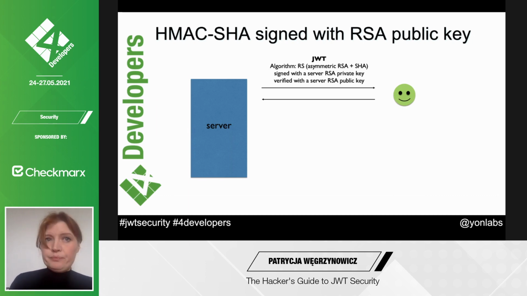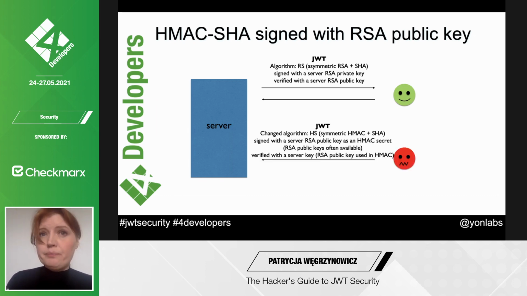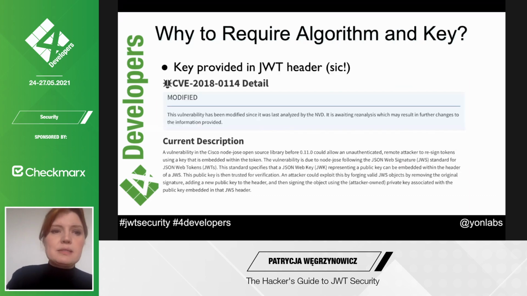For a hacker, the hacker generates a token signed with the server RSA public key used as an HMAC secret. The server verifies the token using an algorithm set by the hacker, and the server uses its public RSA key for verification. So that's how the attack can happen.